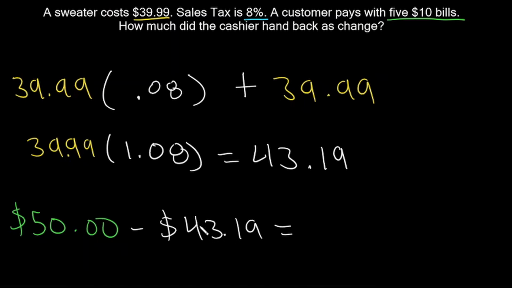So 50 minus 43.19 is going to be 6.81. So the cashier handed the customer $6.81 in change.